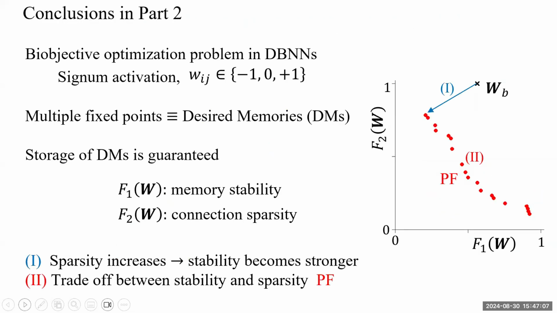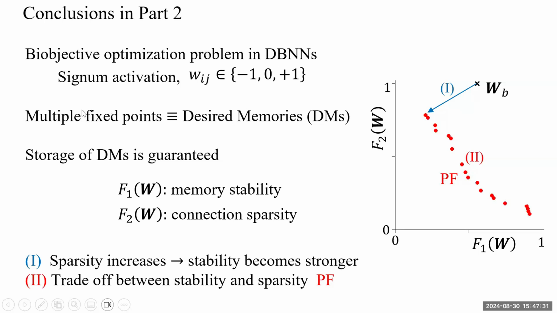Then here we conclude part 2. We have considered BOP in DBNN, a simplified discrete-time recurrent neural network, characterized by signum activation function and ternary connection parameters.